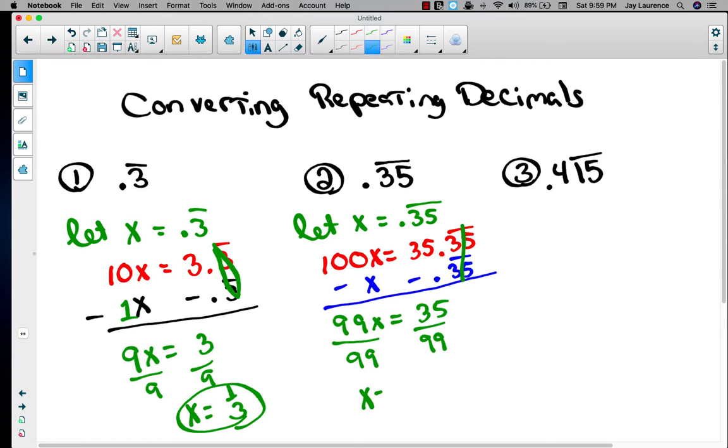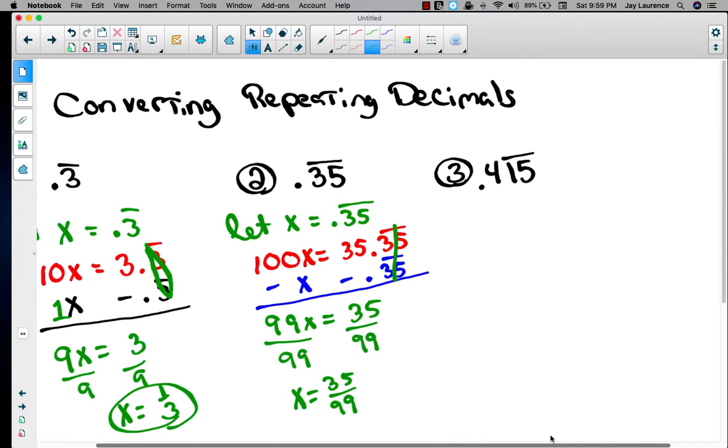And then x will equal 35/99ths. Now, if that could be simplified, I would need to, but in this case, it will not be simplified. There is no common factor between 35 and 99 other than 1.